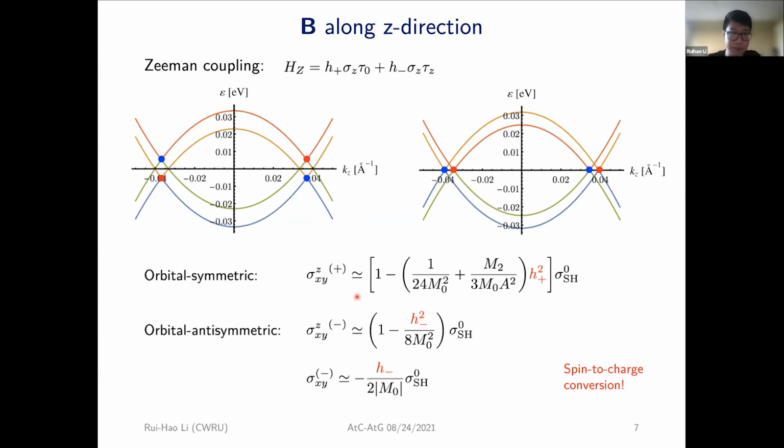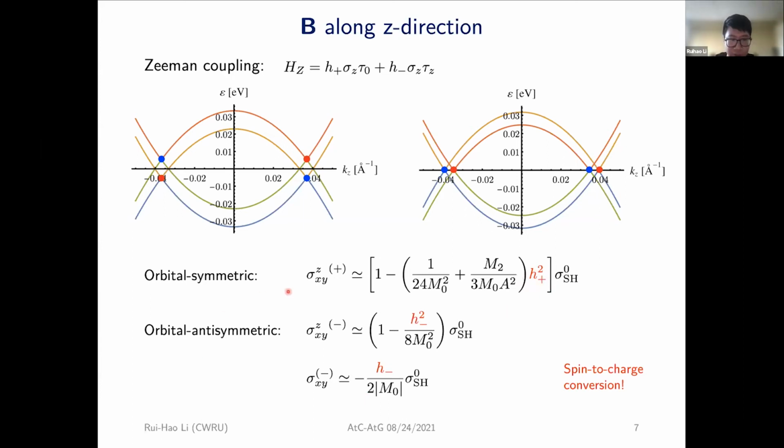So now you can compute the spin Hall and anomalous Hall responses coming from these 2 Zeeman couplings. For the spin Hall conductivity, you find that both Zeeman couplings will give rise to a correction to the original spin Hall conductivity when there's no magnetic field. And this correction is proportional to h squared, where h is the Zeeman splitting, so it's actually proportional to the magnetic field strength squared.